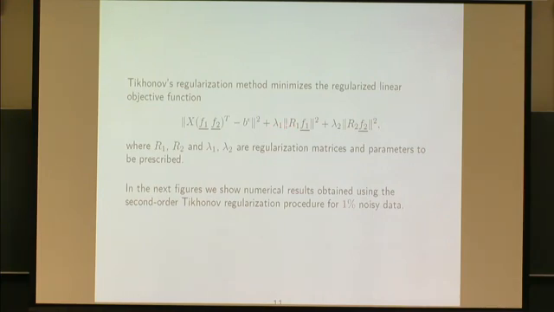Now, it's already difficult to find one of them when you have only one term, but for two of them, it's quite difficult in practice. However, we shall look at some results. We perturb the input data with some 1% random noise.